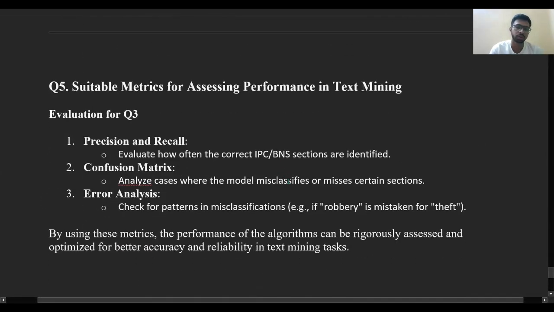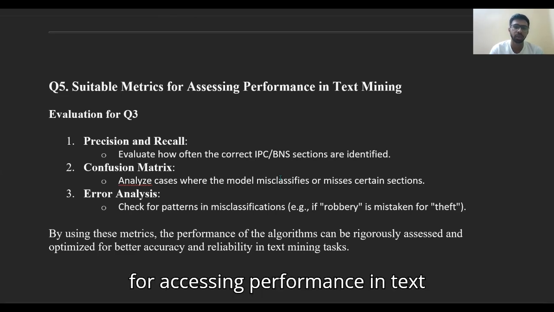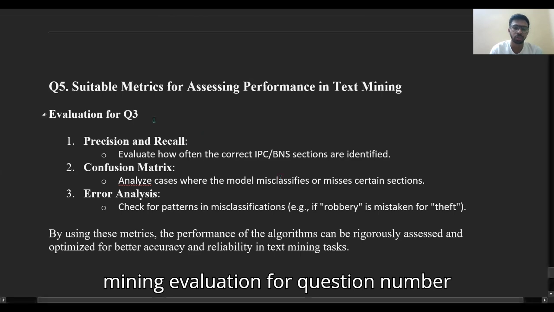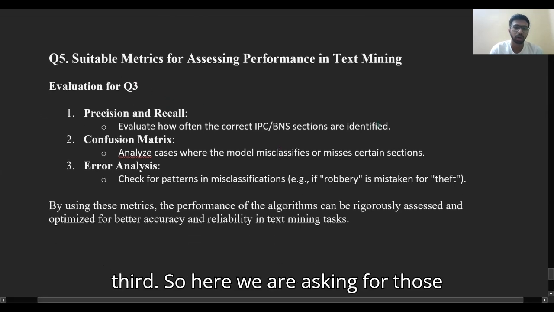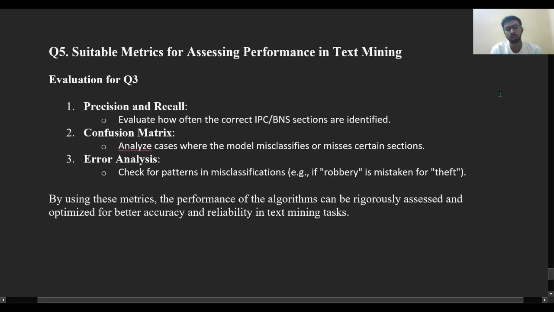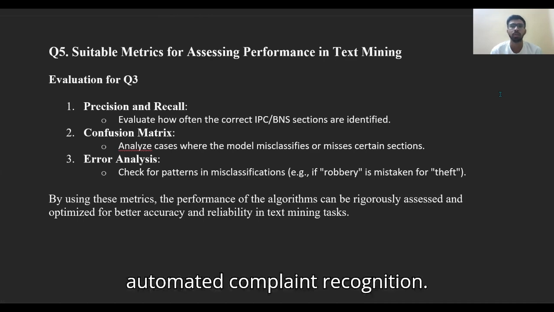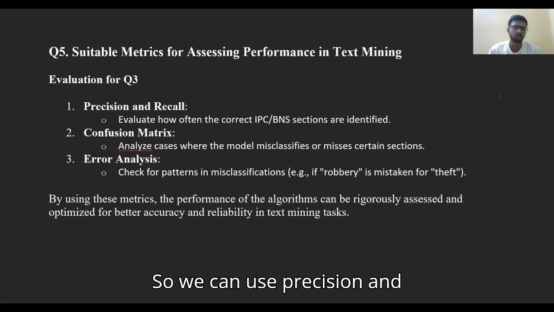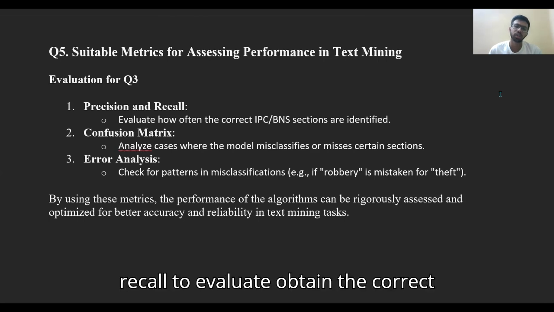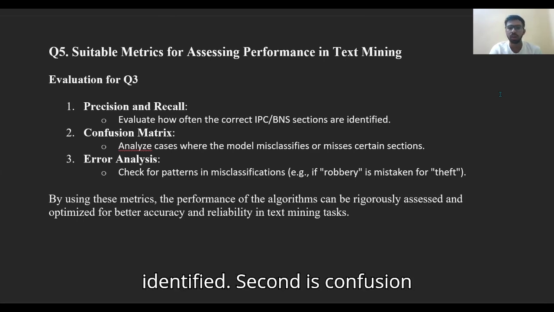So moving to our fifth question: suitable metrics for assessing performance in text mining evaluation for question number three. So here we are asking for the suitable metrics which we can use for question number three, that is automated complaint recognition. We can use precision and recall to evaluate how often the correct IPC or BNS sections are identified.